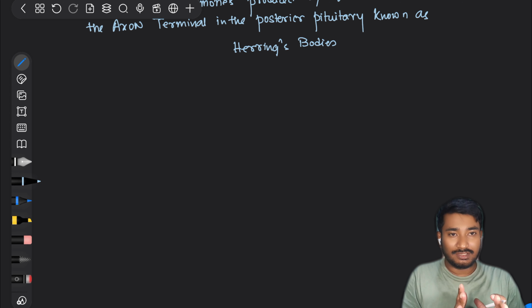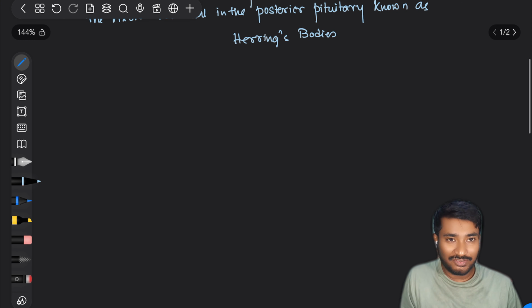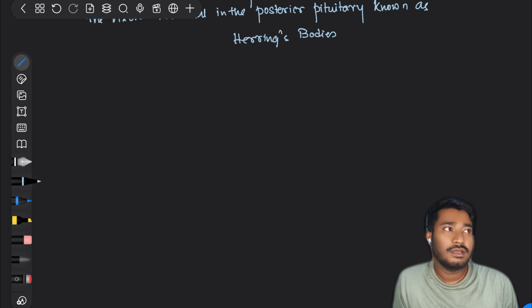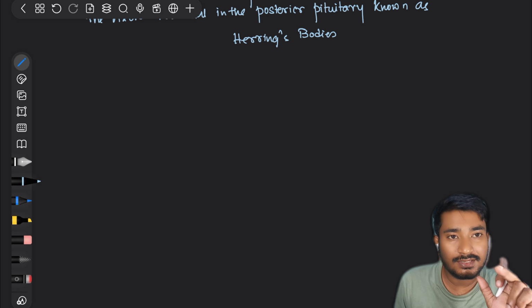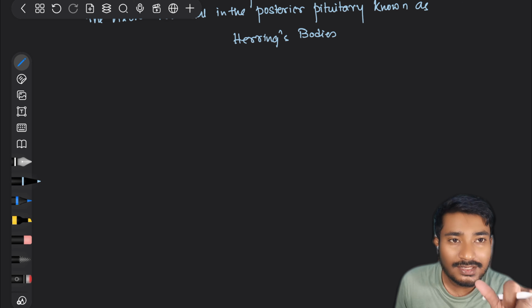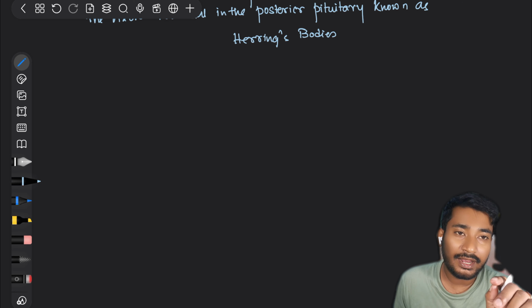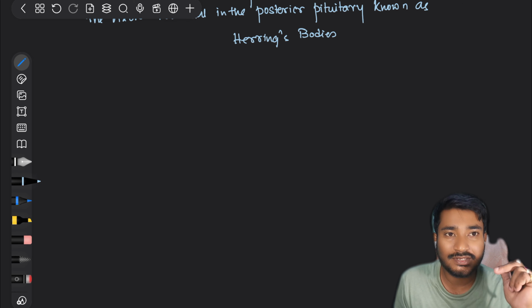This is extra knowledge. Herring's bodies is the extra knowledge in this video lecture. If a question is made to shift you from Maulana Azad to AIIMS New Delhi, you have to attempt this question. Negative marking on it will keep you in Maulana Azad or VMCC, while making it correct will shift you into AIIMS New Delhi.